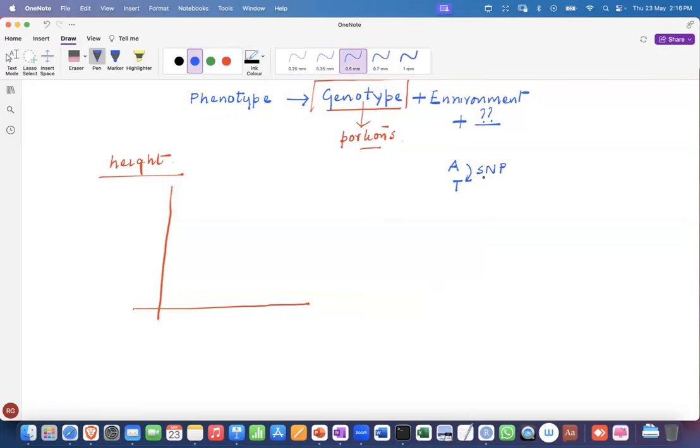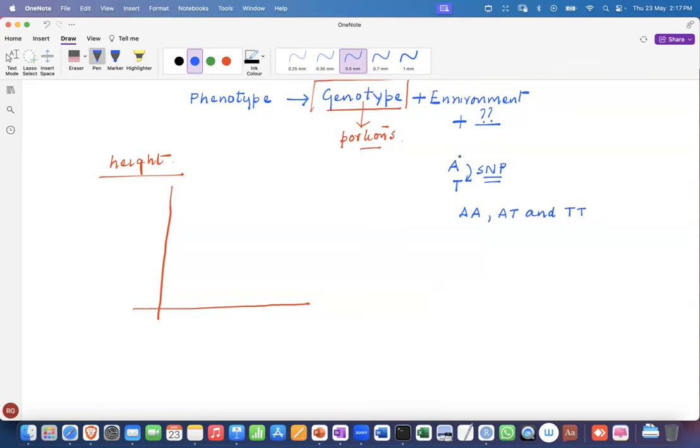This is a SNP, right? When I say a SNP, if I ask you immediately what are the possible genotypes of this SNP, you should be able to make out the possible genotypes are AA, AT, and TT. Is that okay? So these are the possible genotypes.